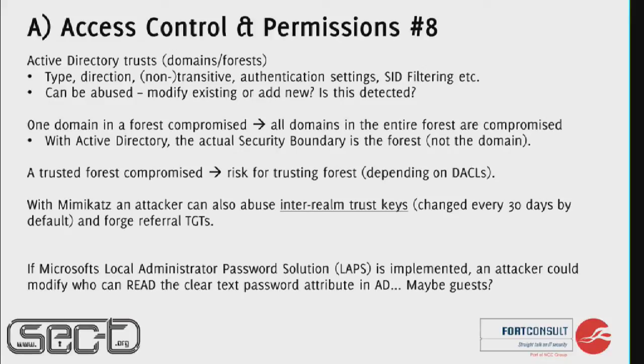One of the newer things is that you can, with Mimikatz, for instance, actually extract the trust key, the inter-realm key, from a trust set up between two domains. They're individual. And you can steal that. It will normally last for 30 days, but you can also configure how long it's going to last, and then you can create new tickets with the trust key itself.